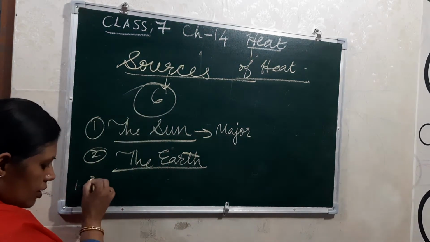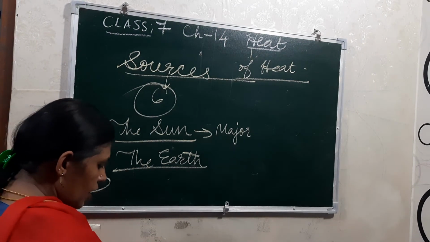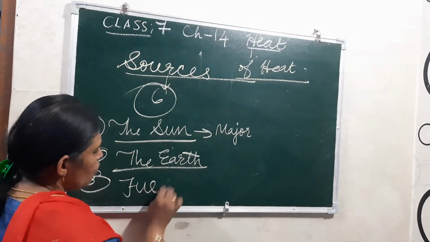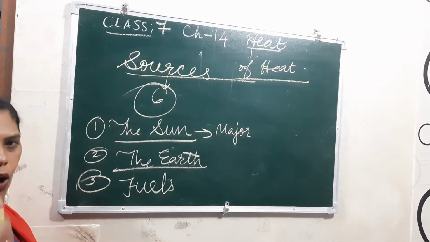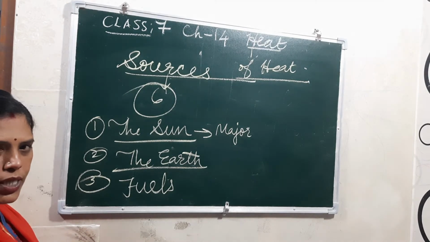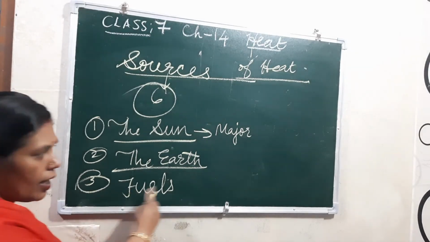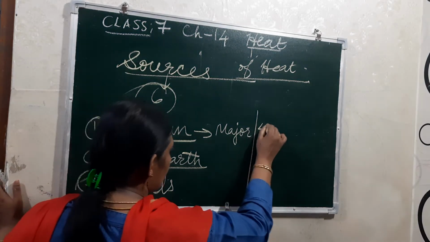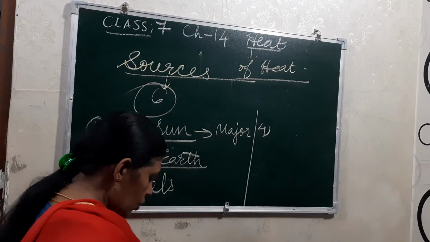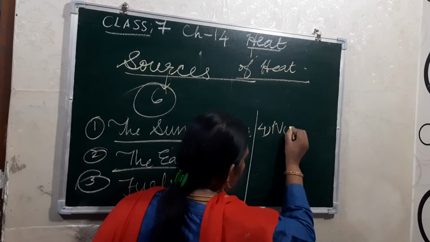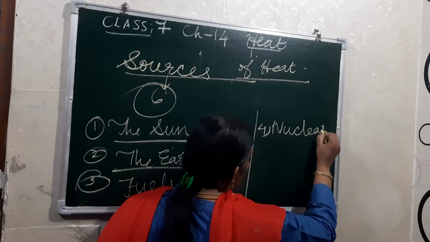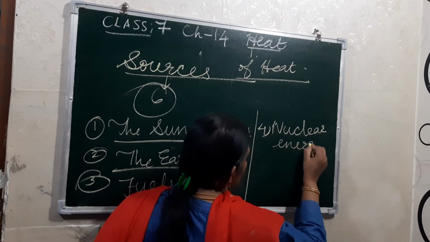Now the third one, you can say the fuels, like coal or wood, that also produce heat. And the fourth one, the nuclear energy. How is it, children?